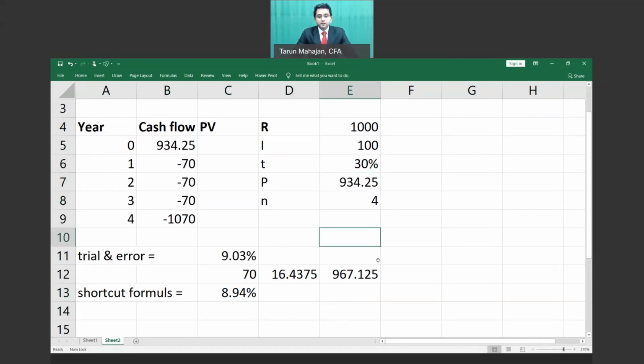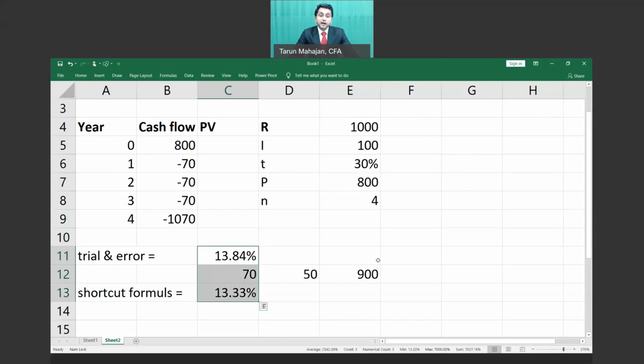Okay. But suppose if I change this to 800 rupees, and here the difference is minute, 9.03 and 8.94%. But if I make it 800 rupees, see what will happen. If I make it 800, the difference has gone up by around 0.5%. And suppose if this is 600 rupees, then the trial and error method is giving you answer of 23.48%, and shortcut formula is giving you 21.25%.